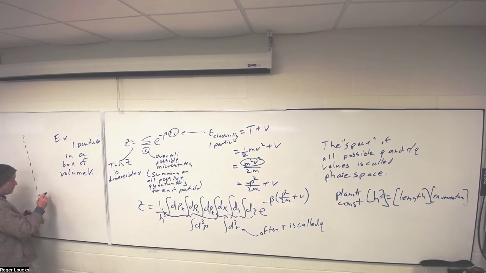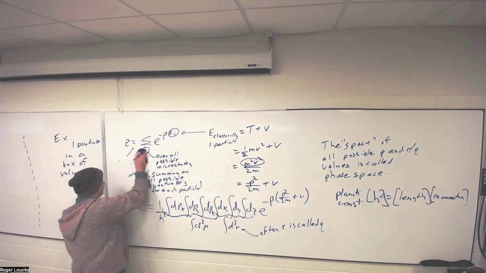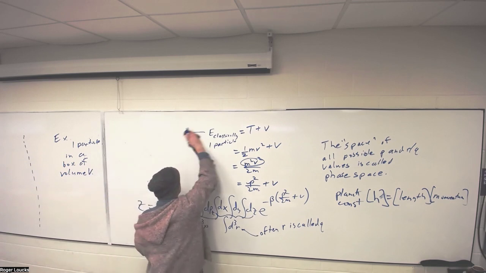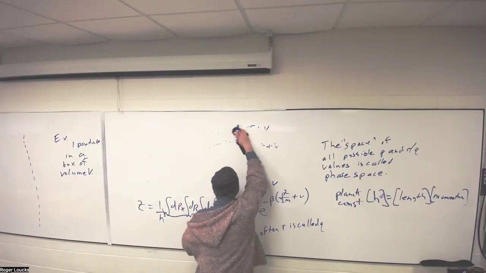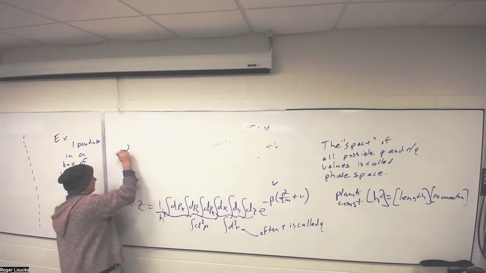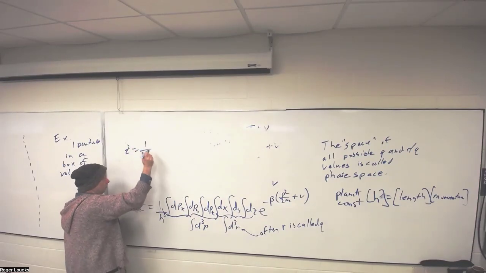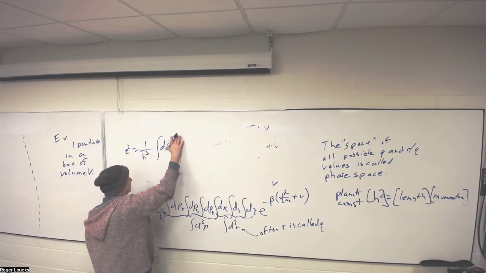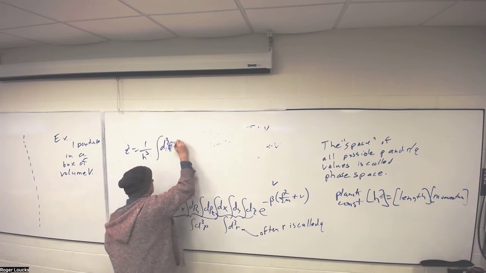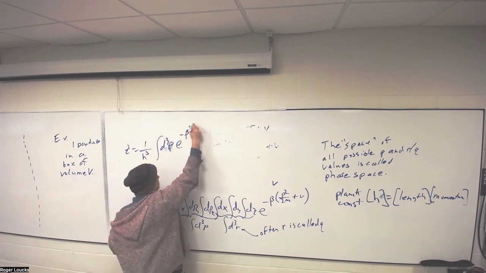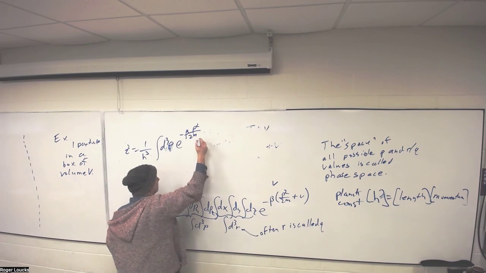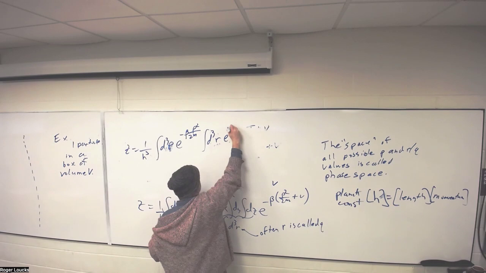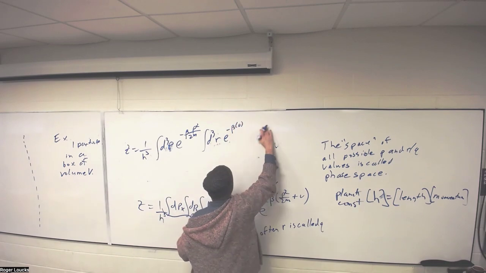Our Z becomes 1 over h cubed, the integral d3p, e to the minus beta p squared over 2m, and then I have the integral d3r, e to the minus beta times the potential, which is 0 here because there's no potential.